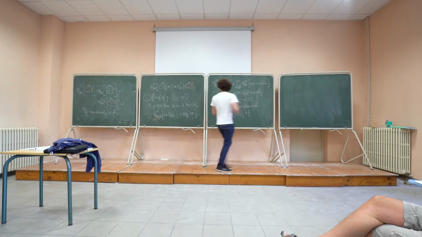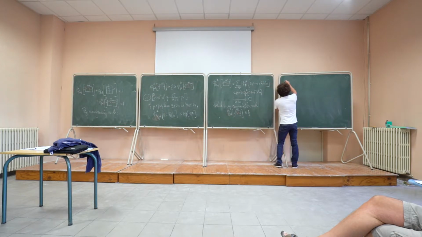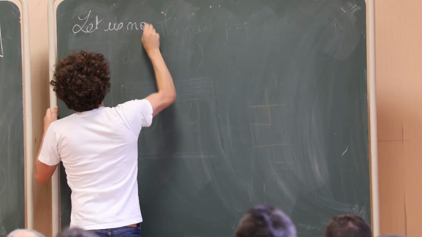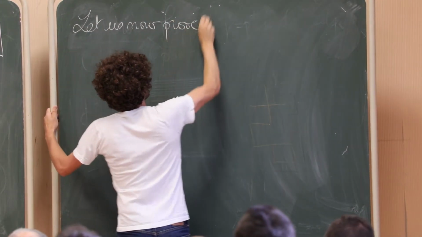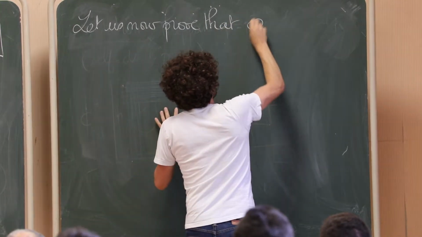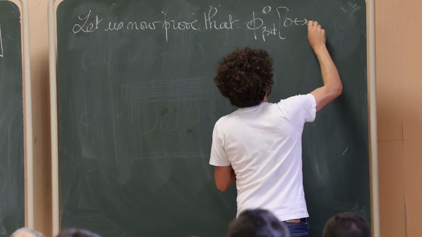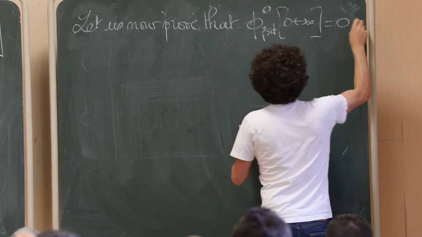So to prove the other bound, let us now prove that phi 0 p self-dual of 0 connected to infinity is 0.